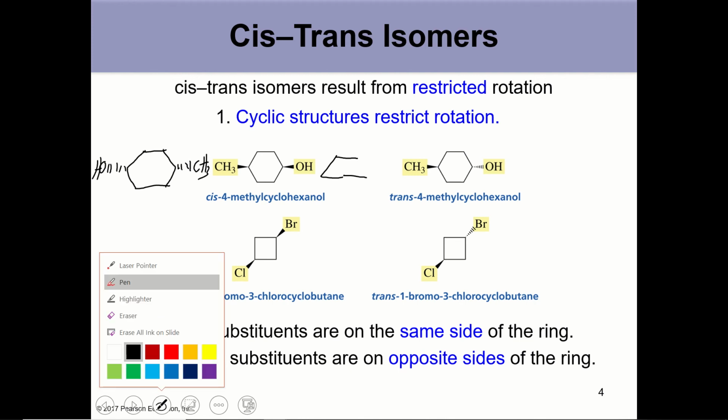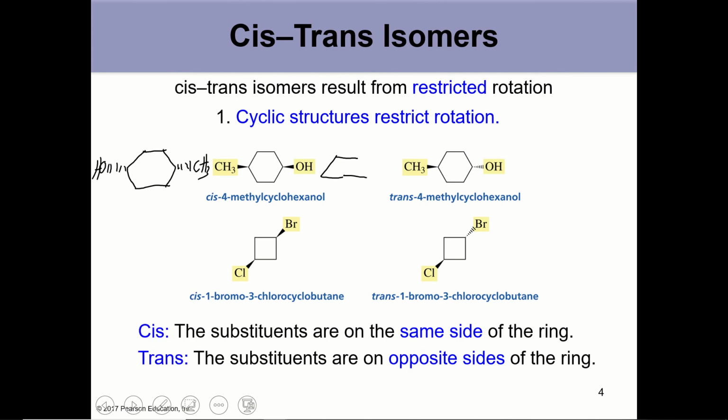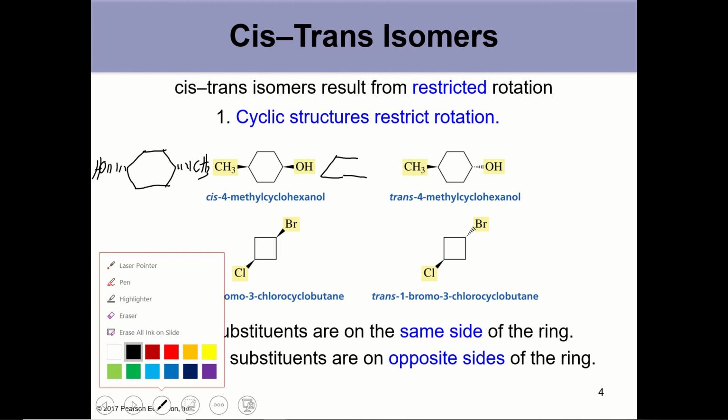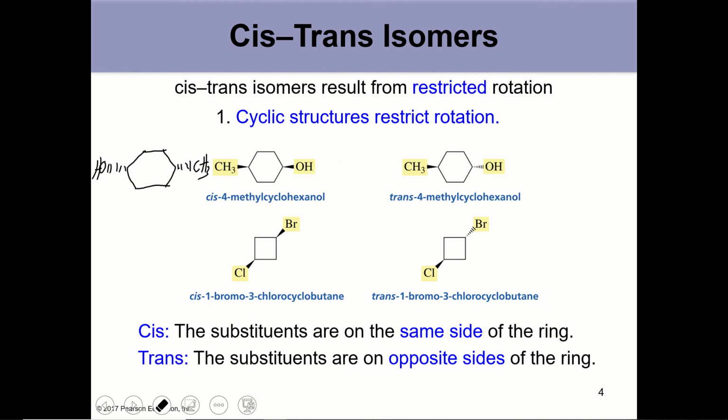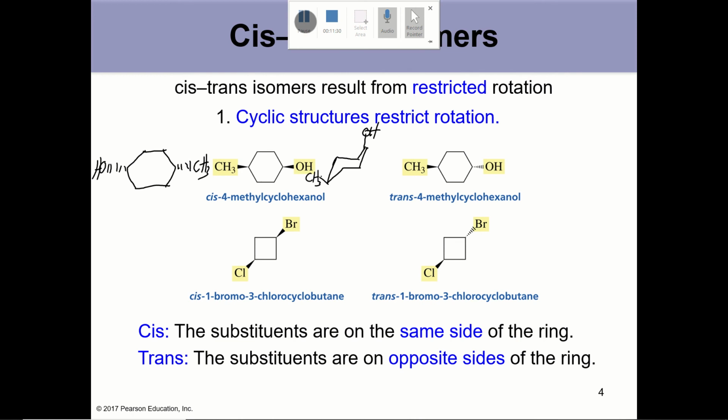Hold on. I'm going to draw the chair. And then we can compare which of the two is easier to look at, the wedges or the chair. You should be able to interpret both. So you can see I've drawn the chair structure of the cis-4-methylcyclohexanol. And in this case, one of the groups will be axial and one of them will be equatorial.